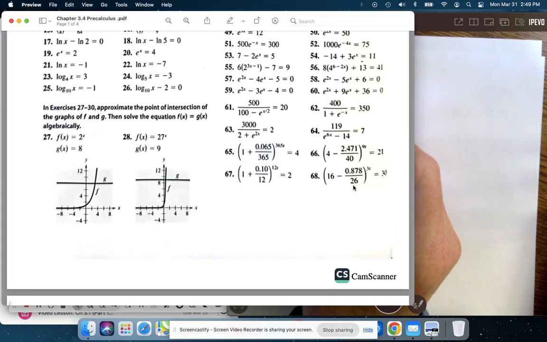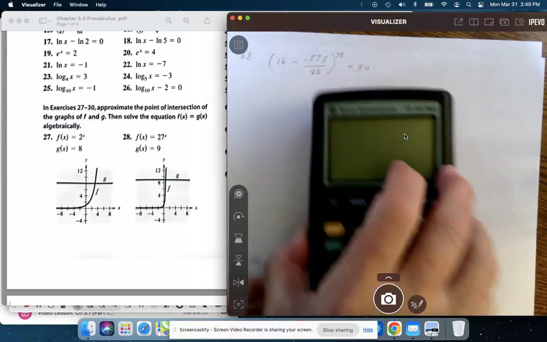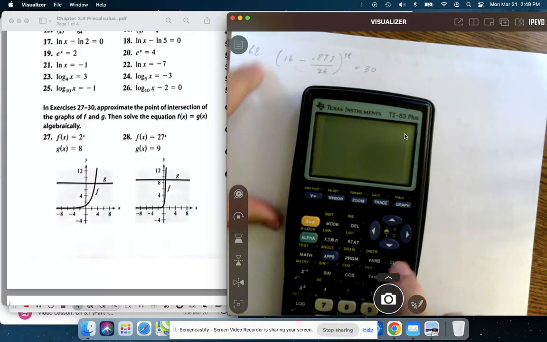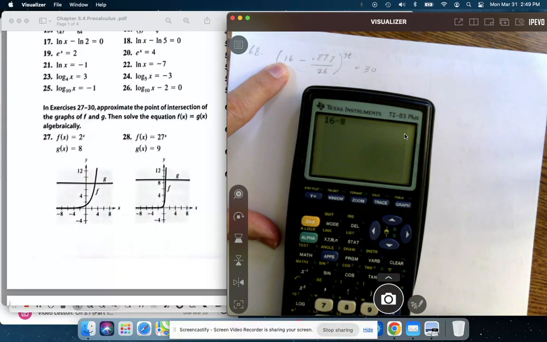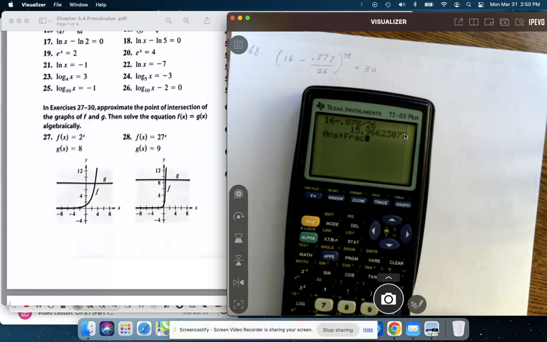I could simplify this to a number. Let's see what I get. So if I change this to 16 take away 0.878 divided by 26, yeah, it's not a very pretty number. It's not a fraction.